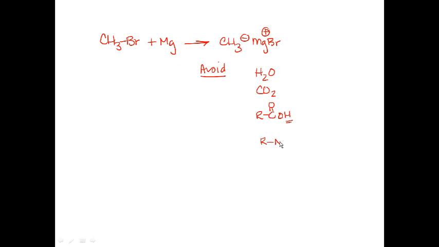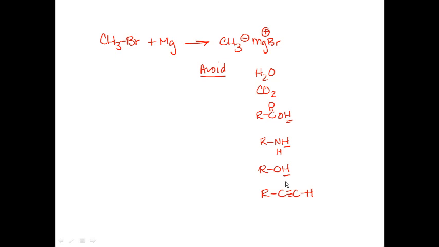We should watch out for things like amines because NHs will be deprotonated. We should avoid things like alcohols because they'll be deprotonated. The textbook talks about avoiding even terminal alkynes because the terminal alkynyl hydrogen can be deprotonated. So this strong base will deprotonate any one of these species.